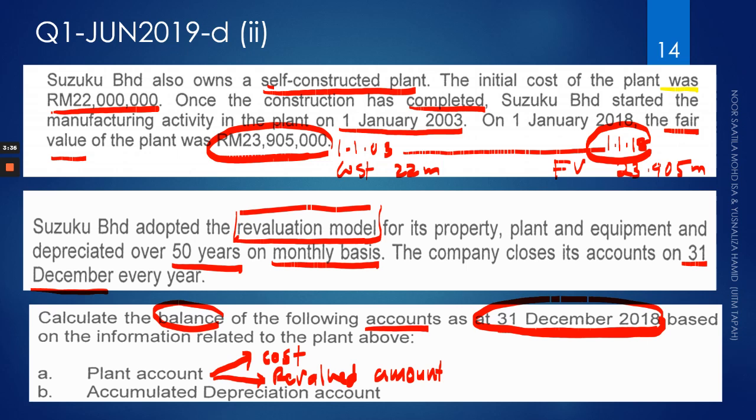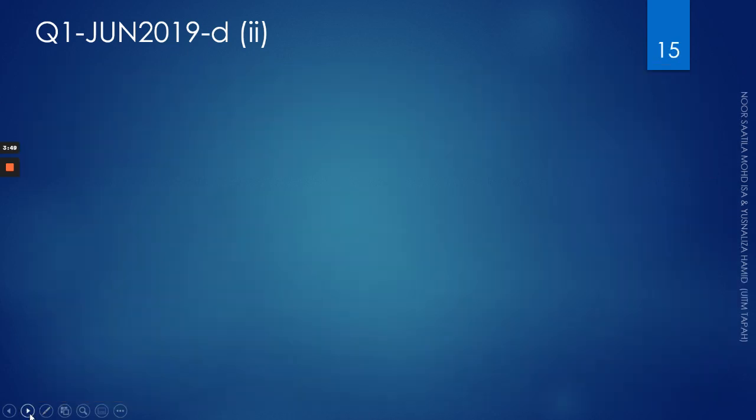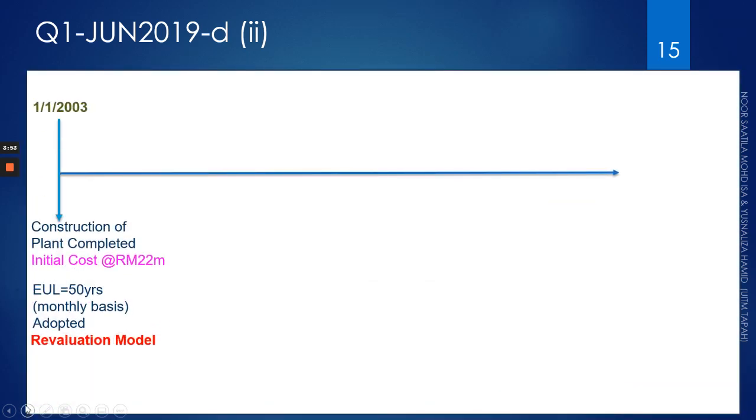Second one is to calculate accumulated depreciation account also as at 31st of December 2018. So before we do that, let's look at the timeline here. You can draw this to make your understanding better. Put the date that it was completed, put the expected useful life and the basis that were adopted, as well as the revaluation model being exercised for the company.